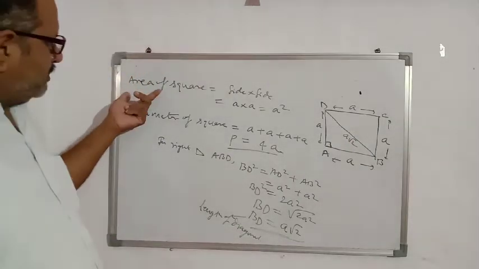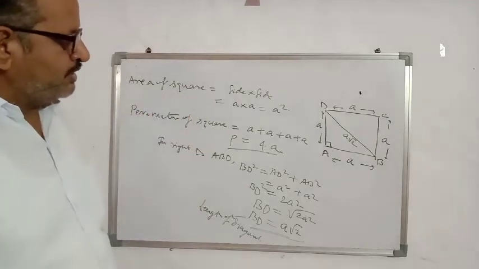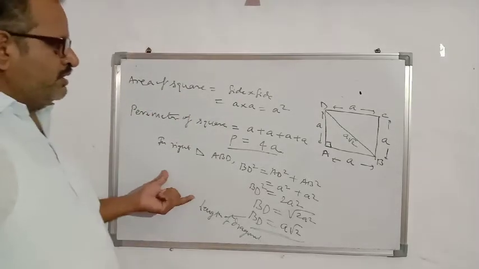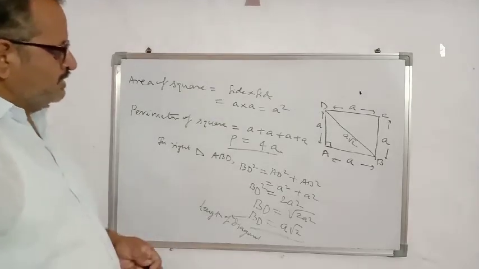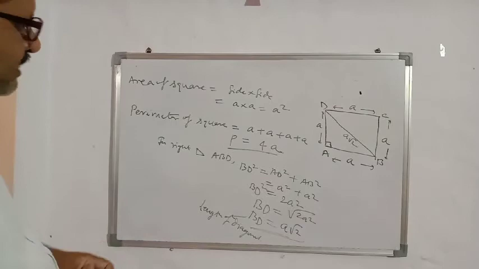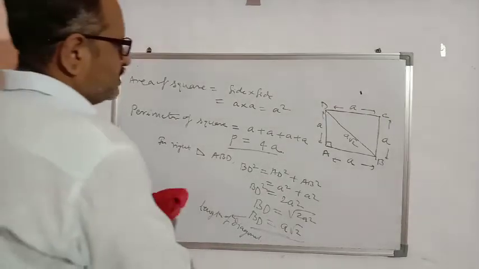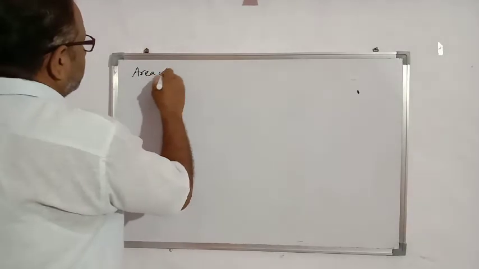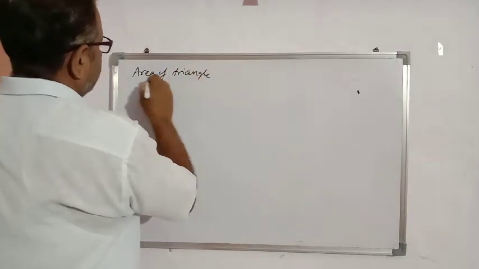So we have discussed the area of rectangle, area of square, perimeter of rectangle and perimeter of square. Now we will discuss the area of triangle. So let us see how we will find the area of triangle.